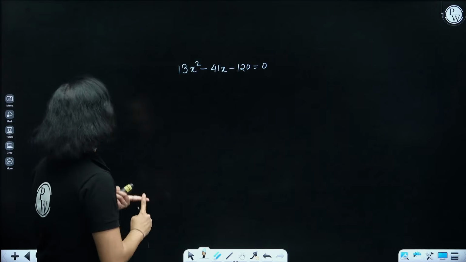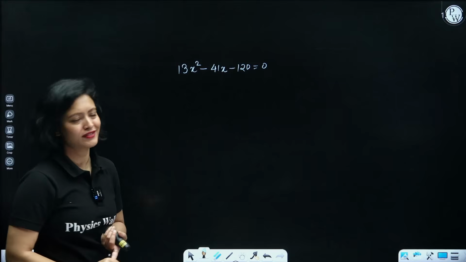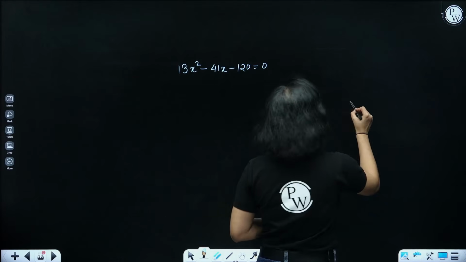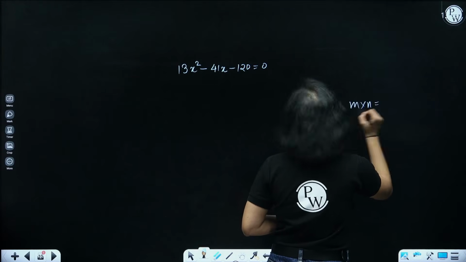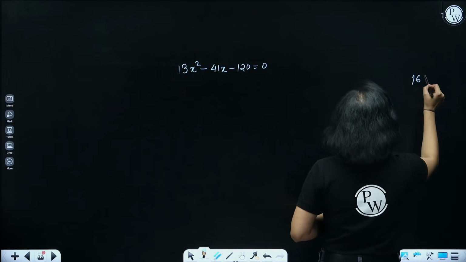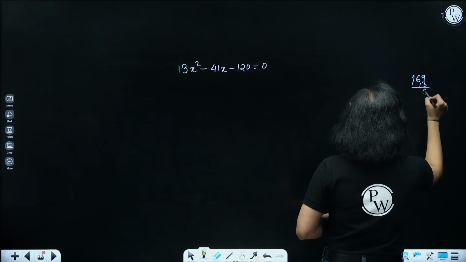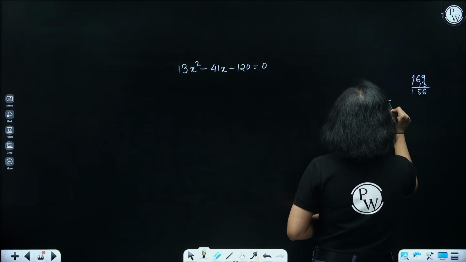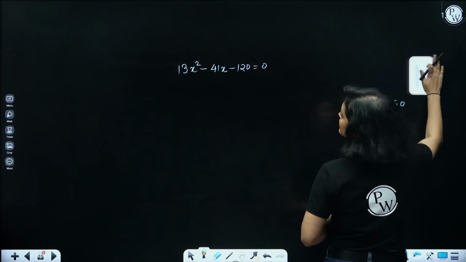Okay. Now we have to solve this. We'll have to ask ourselves which two numbers on getting multiplied give you 120 into 13. So let's do that. We'll get 1560, negative 1560.